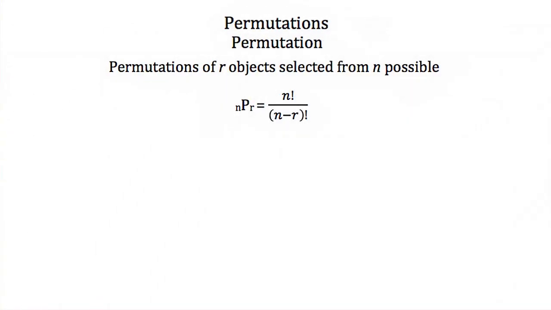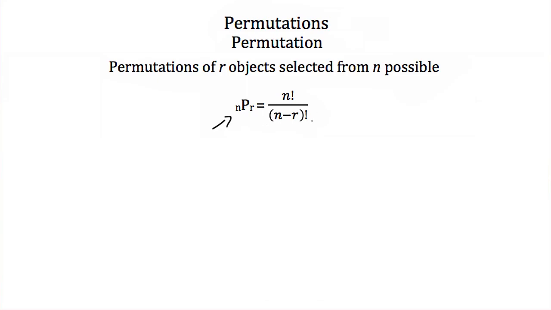Now there's a specific notation in how to write permutations and a formula on how to solve them. Permutations are always written like this. There's a subscript n in front of a capital P followed by a subscript r. This is equal to n factorial over n minus r factorial.